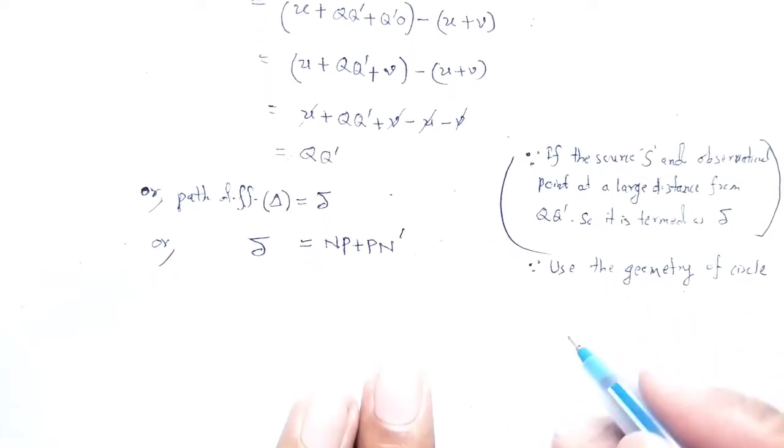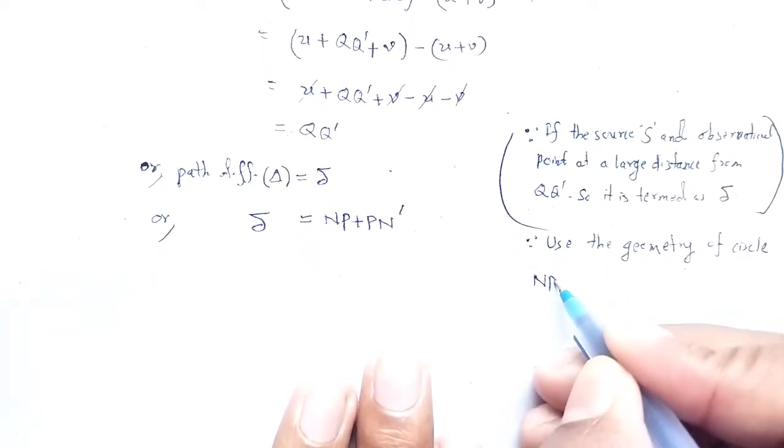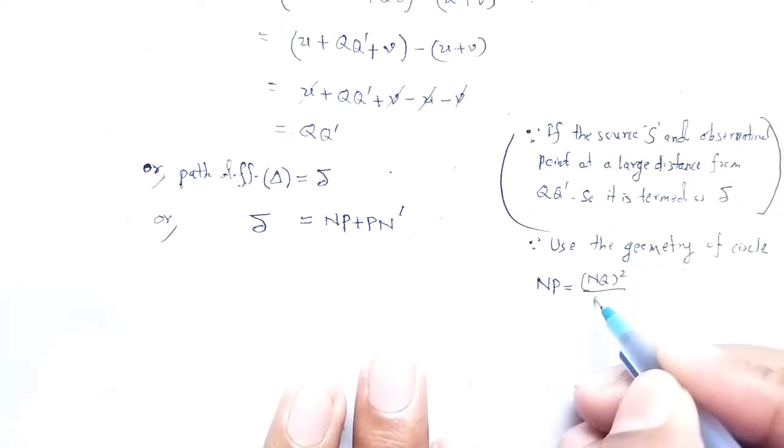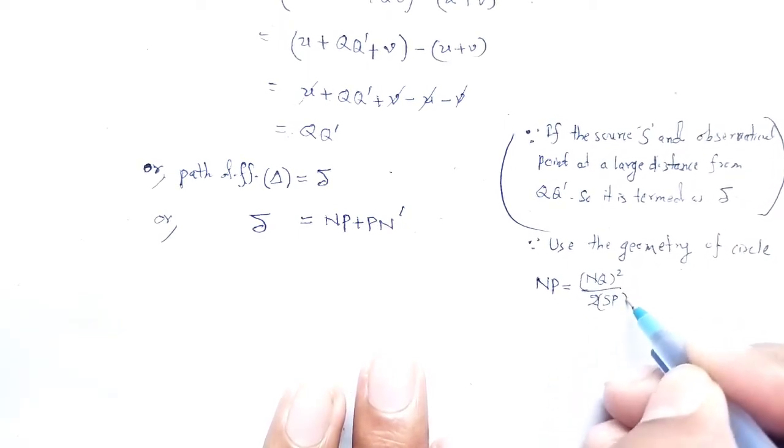From the circle geometry, we obtain NP equal to NQ squared divided by 2SP.